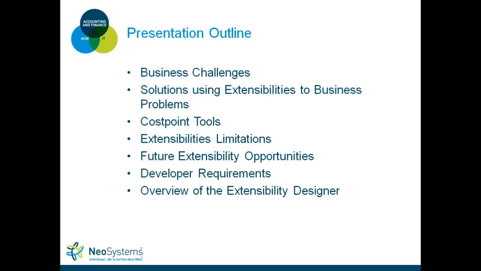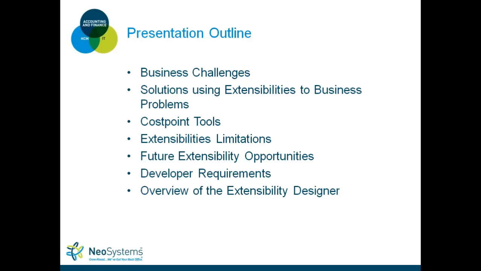We'll talk about the extensibility limitations and go through those in detail, because there's certain things that the extensibility product does not do today. And then we'll even take a step forward and look at where the extensibility roadmap takes us, our future extensibility opportunities and where we can move forward in the future. The other thing we'll talk about is developer requirements.